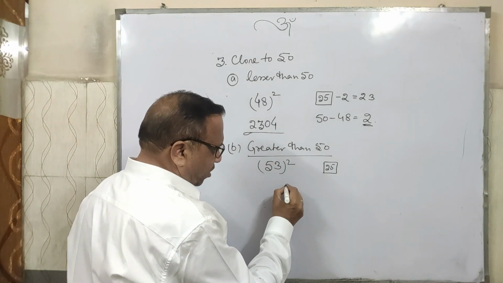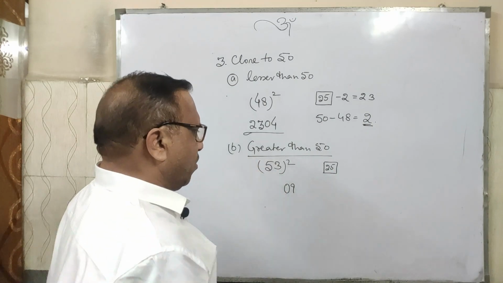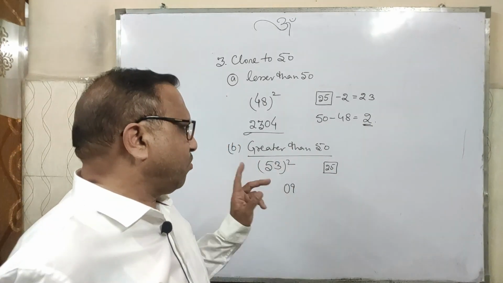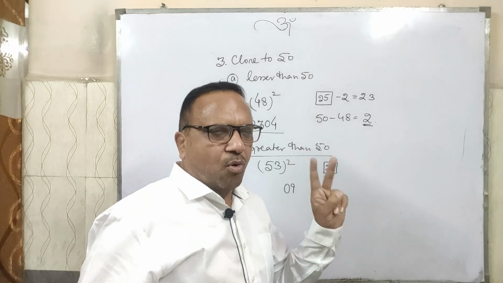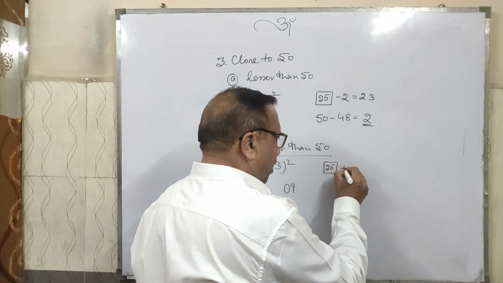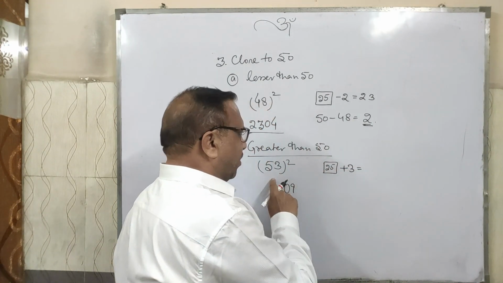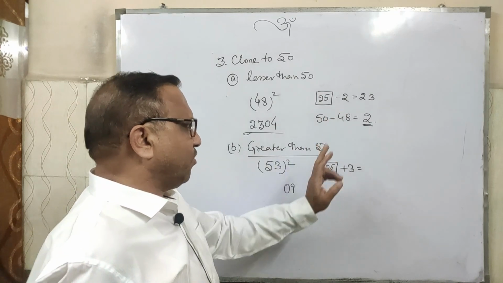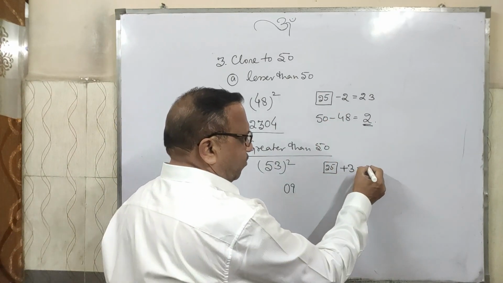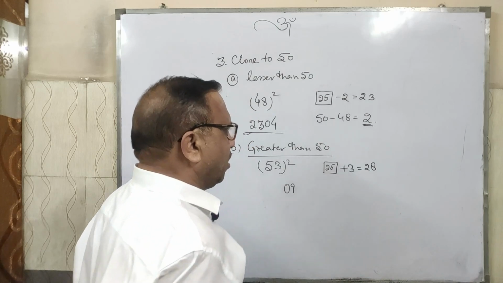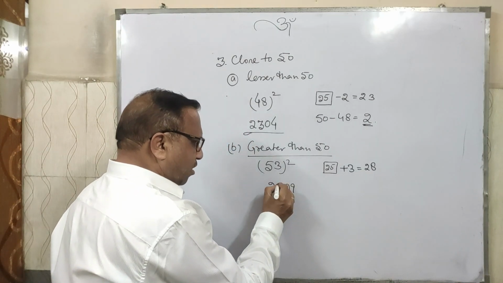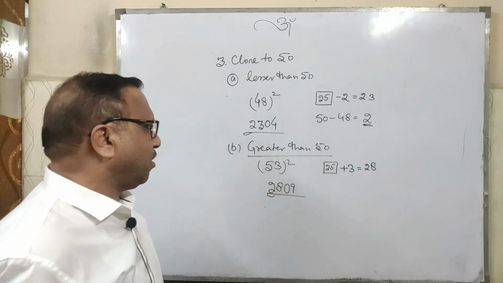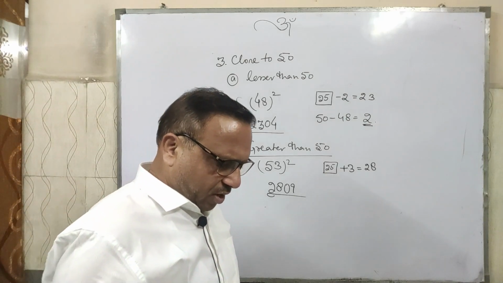The square of 3 is 9. Here 53 is 3 more than 50. So we add here 3. If it is lesser, then we subtract. If it is greater, we add it. 25 plus 3, 28. You write 28 here. The 2809 is the square of 53.